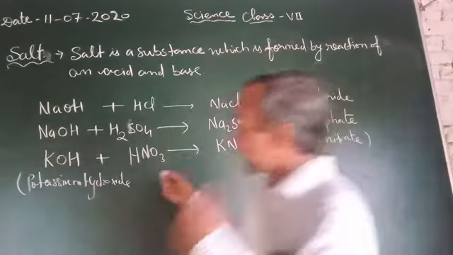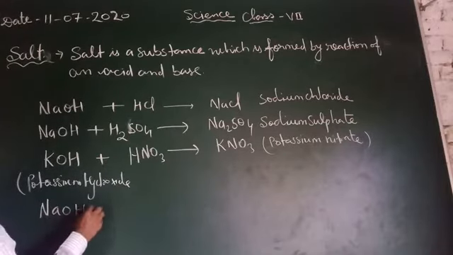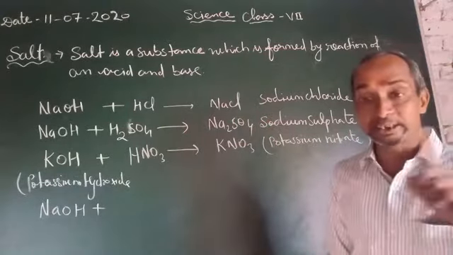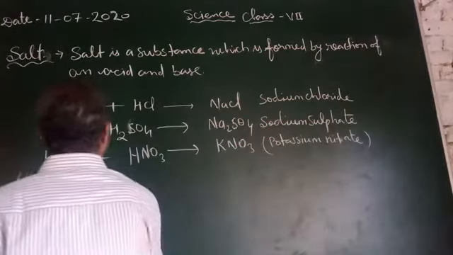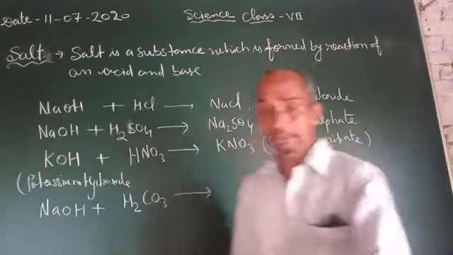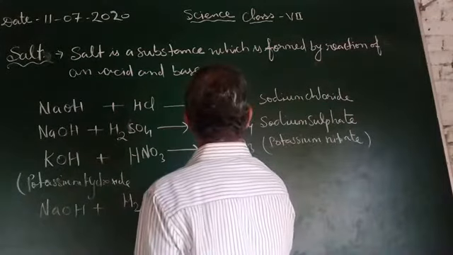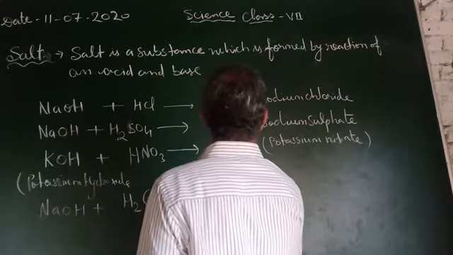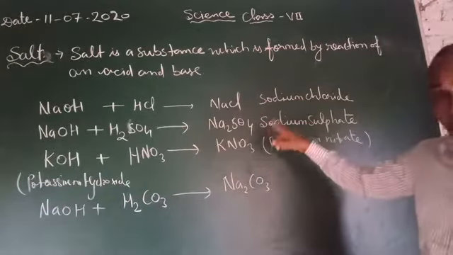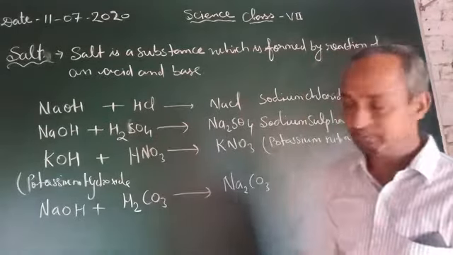Sodium hydroxide, NaOH, reacts with carbonic acid, H2CO3, then it becomes sodium carbonate, Na2CO3. All of you have seen that different types of salts are formed when different bases react with different acids.